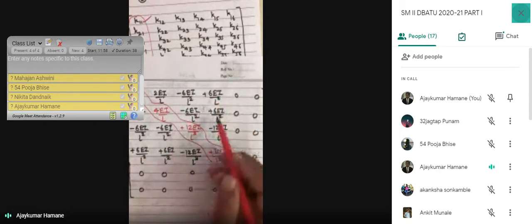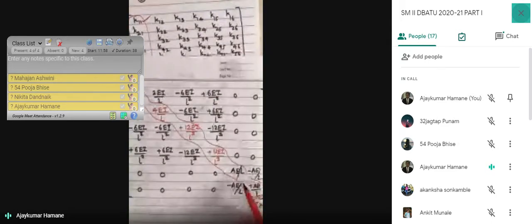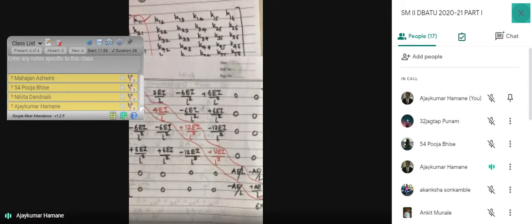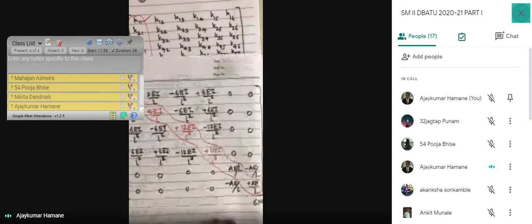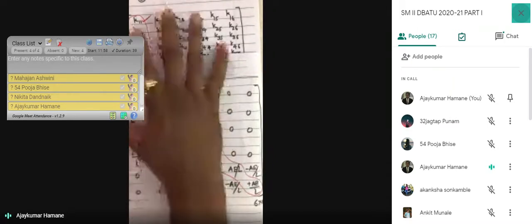Plus 6 EI by L square, plus 6 EI by L square. Minus 12 EI by L cube, minus 12 EI by L cube. So the upper matrix and lower matrix are same. So when the stiffness matrix or flexibility matrix is formed in the finite element method, the upper matrix must be equal to the lower matrix. Remember this. Okay. So this is the formation of the matrix when we have a numerical like this.